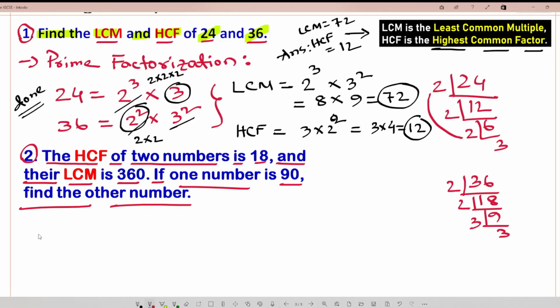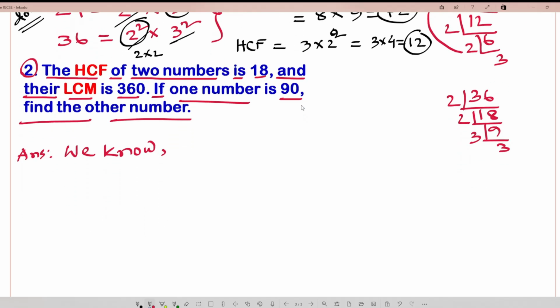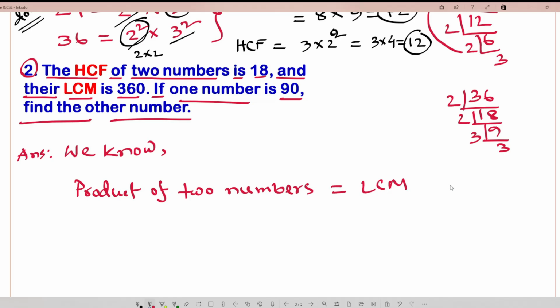So we know the product of two numbers equals LCM times HCF, right?